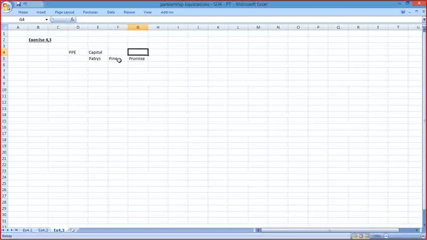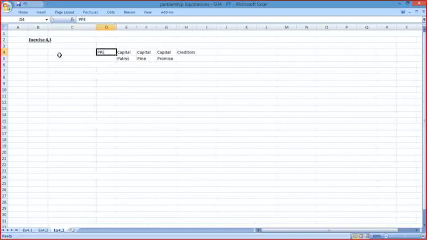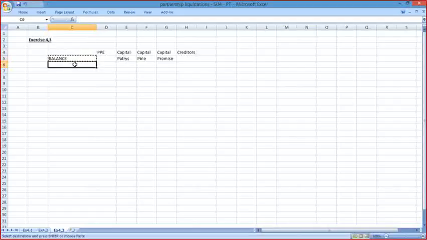Yes. Those are the three, and that's capital. Oh, and there was still one more account, the creditors. We can't forget about that account. All right, so those are our headings, and then we'll have a balance, obviously.